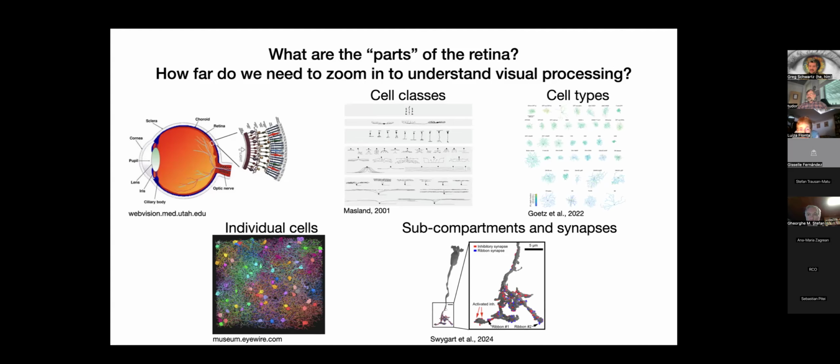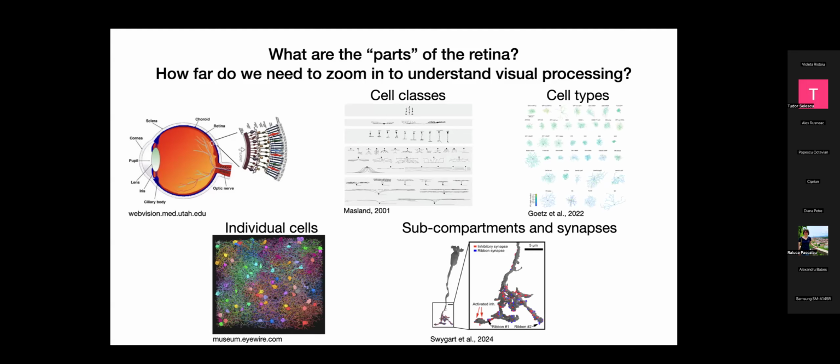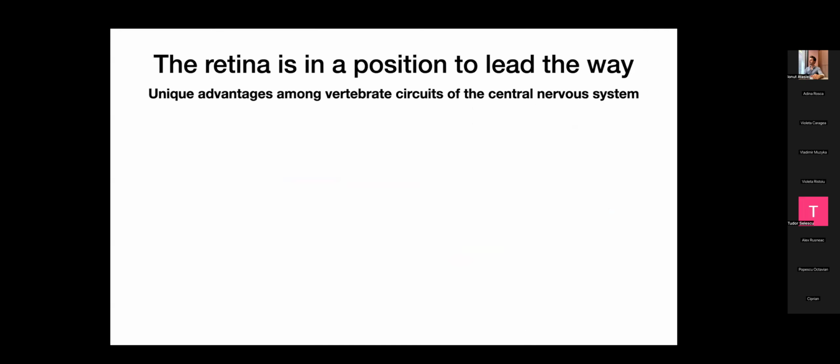What if there's subcellular processing in subcompartments and synapses? Maybe we can't stop at the level of a cell. Maybe sometimes we have to go down to smaller components of cells to find out where the individual computations are happening.